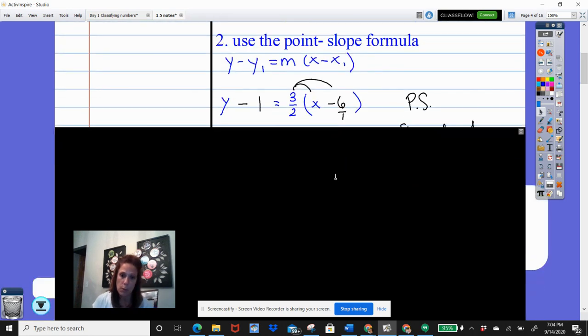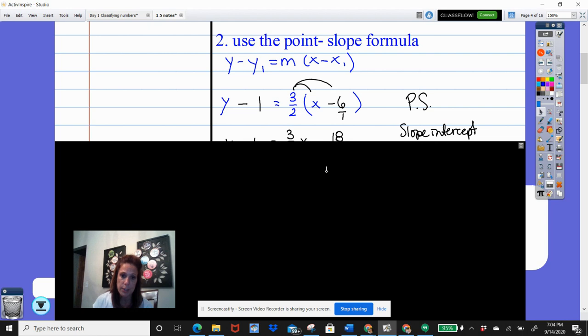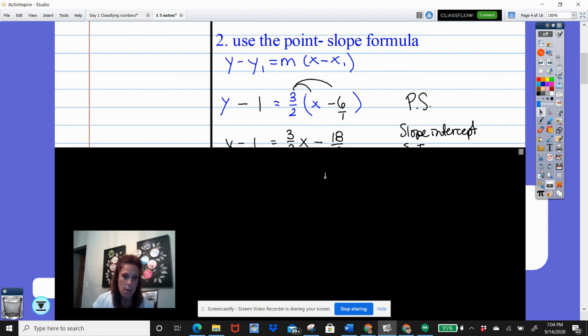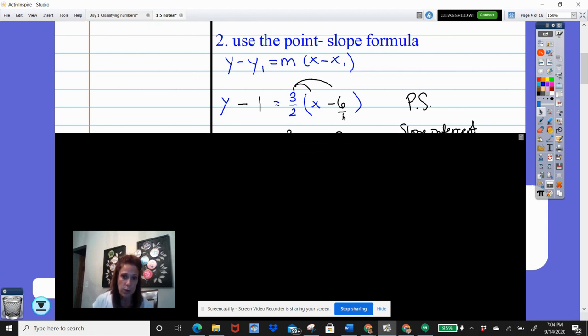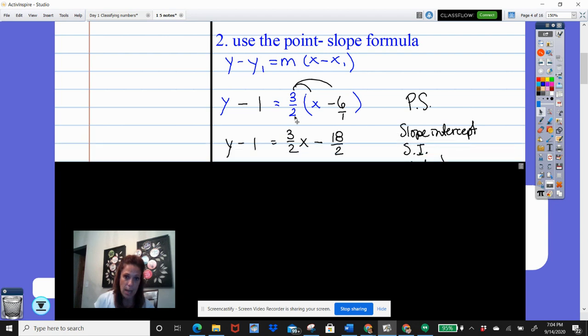Now the second part, what we'll have to do to get the slope-intercept form is you do some algebra. So you'll see I put the 6/1 so that it's a fraction. So when you multiply 3/2 times that 6/1, it will be 18. And then 2 times 1 is 2. And then everything else stayed the same.